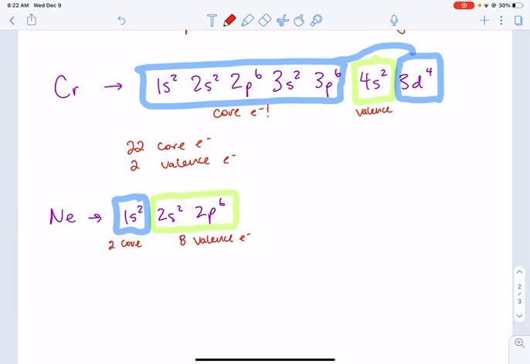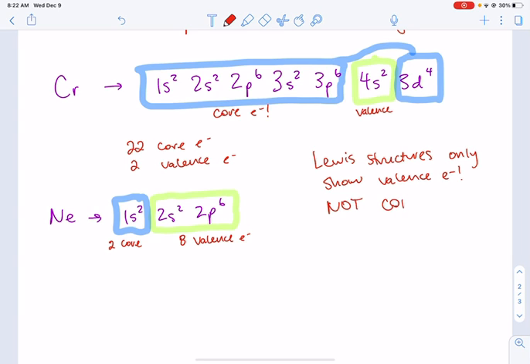Now, what's interesting, I think, is that in Lewis structures, the only electrons that are shown are valence electrons, not core. This is because core electrons generally do not participate in bonding.